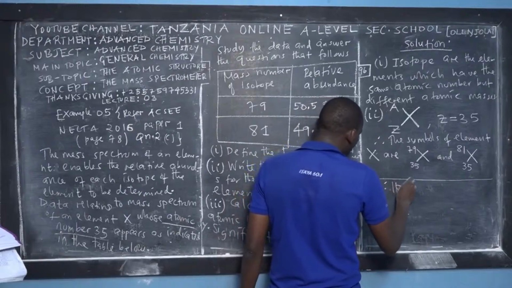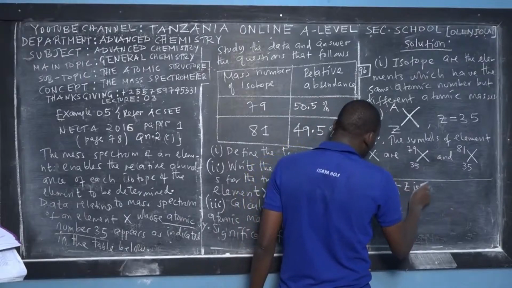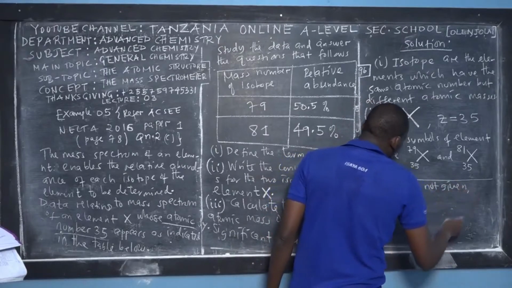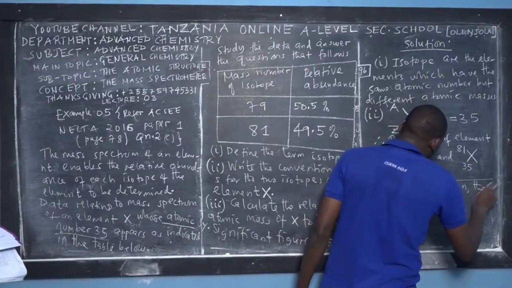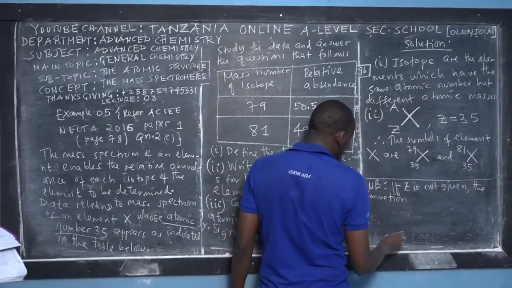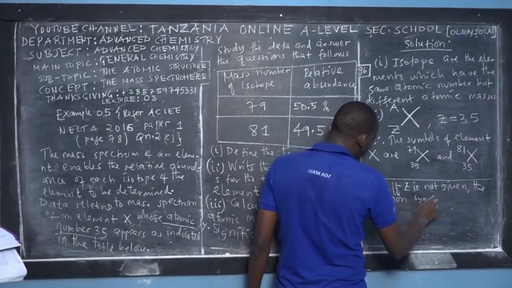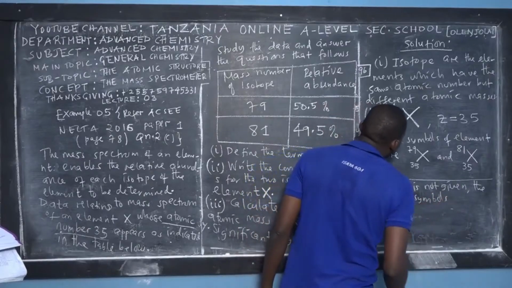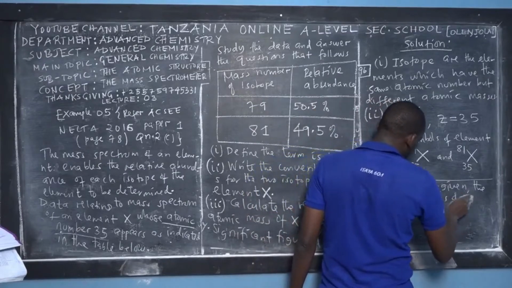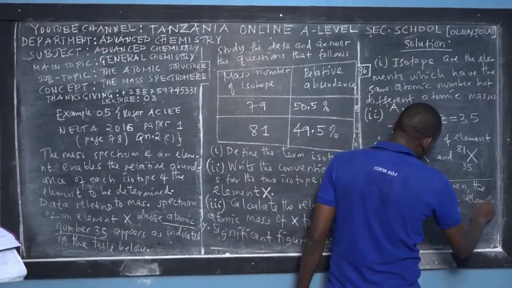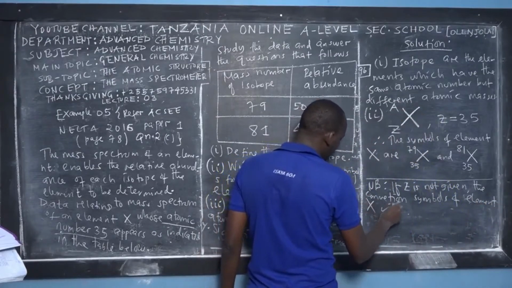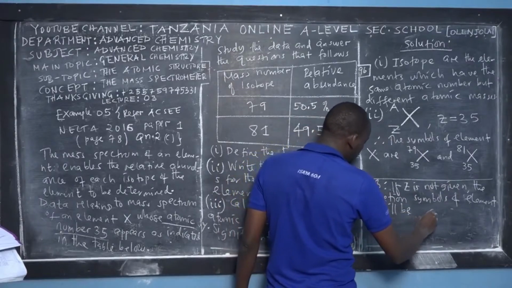If the atomic number is not given, then the conventional symbols of element X, because there are some trick questions like that, will be like this.